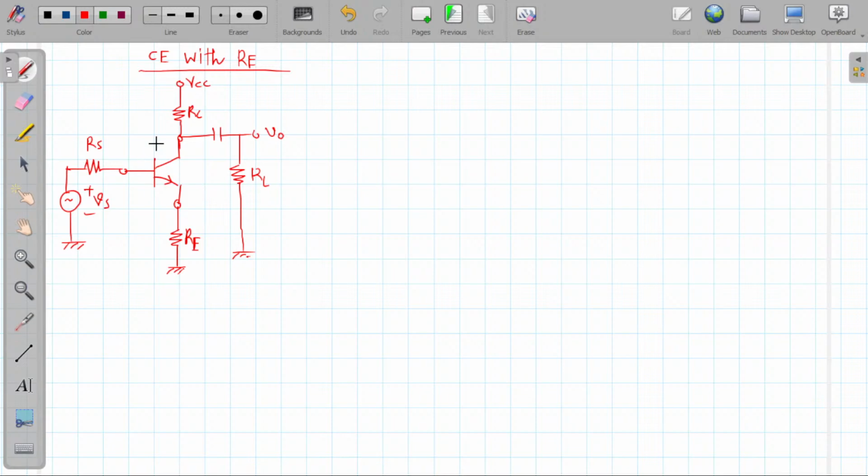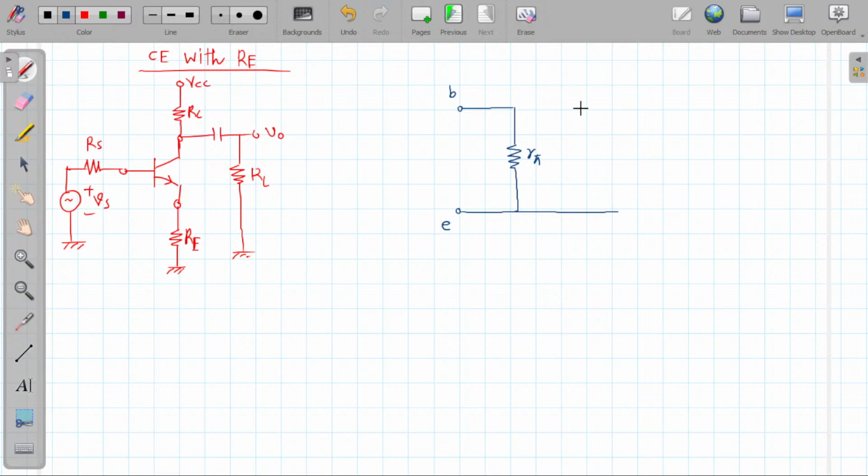Okay. Now hopefully you can draw the circuit of the model. So what will be the small-signal model of this circuit? The circuit will look like this. So this is the base, this is the emitter. Now in between base and emitter, hopefully you remember there was an R pi resistance.